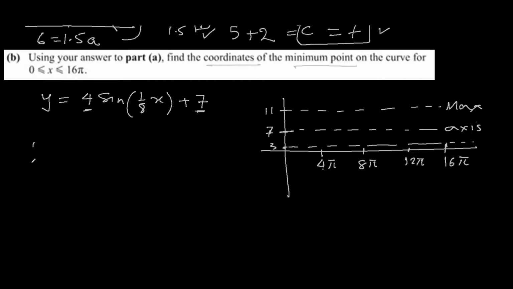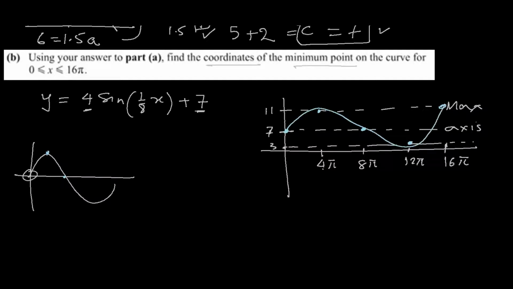Our normal sine graph looks like this, correct? It starts from the axis, so let me start this from axis 7. At 4 pi it should reach the maximum, which is here. Then it should reach the axis again at the next quarter, then it reaches a minimum and then the maximum again.